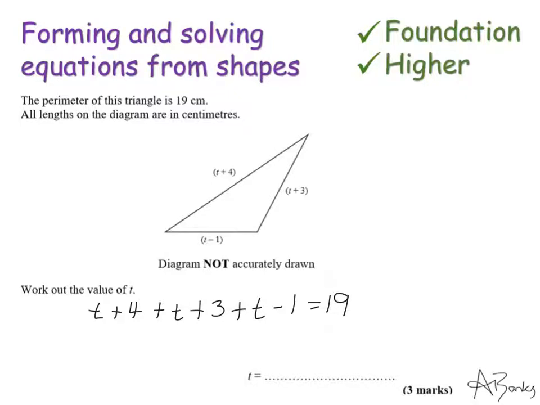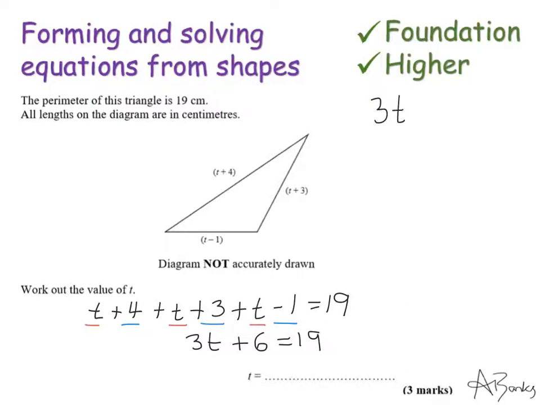Now I can simplify this, so I have 1, 2, 3 t's, so I can write 3t, and I've got 4, add 3, that's 7, take away 1, that's 6, so 3t add 6 is 19. So now I can solve this equation. I'm just going to do that up here.